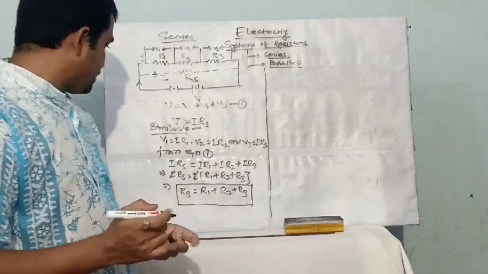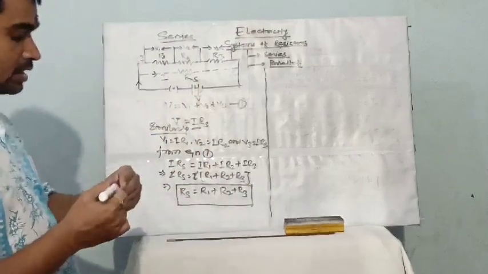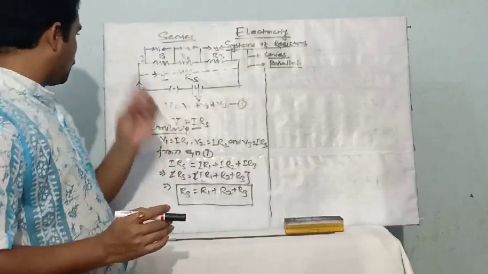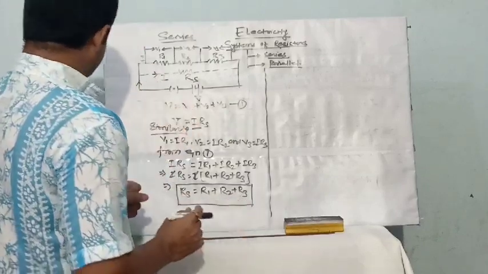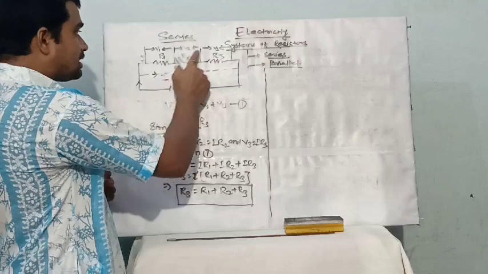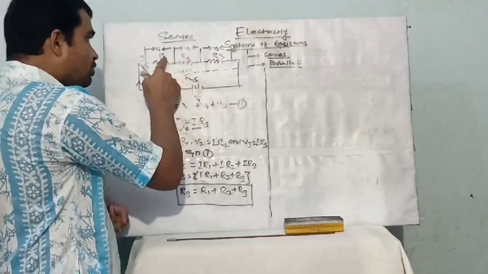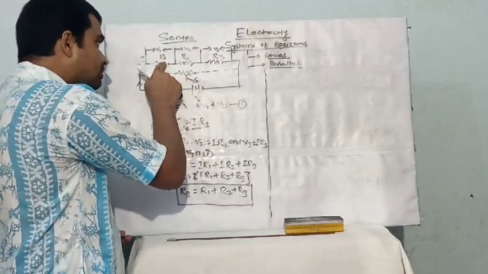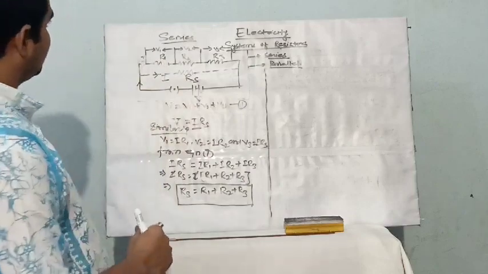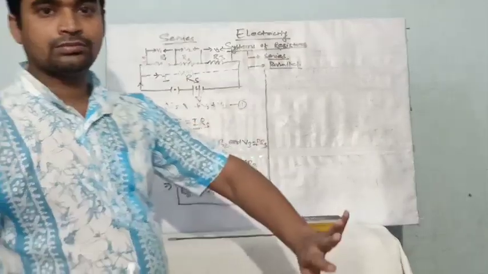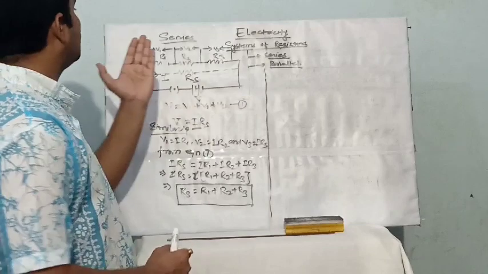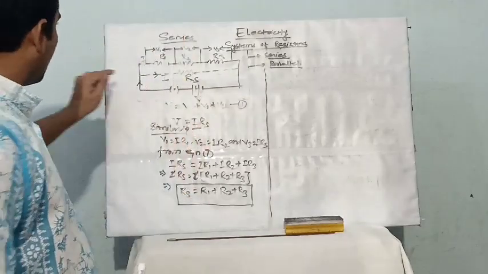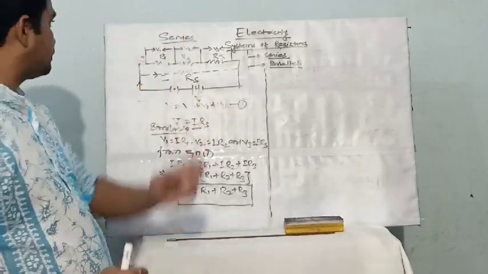Now just see, in case of series combination, what are the disadvantages? One of the disadvantages is that if any one of the resistors gets damaged, कोई भी अगर एक इसमें से खराब हो जाए, हमने इसको ब्रेक कर दिया, तो other will not work. They all are connected to the single switch.